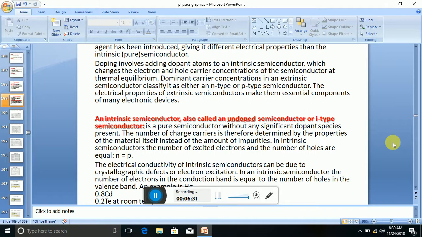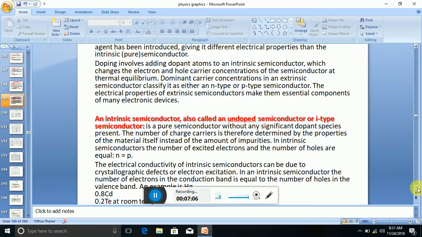In intrinsic semiconductors, the number of excited electrons and the number of holes are equal, n equals p. The electrical conductivity of intrinsic semiconductors can be due to crystallographic effects or electron excitation. In an intrinsic semiconductor, the number of electrons in the conduction band is equal to the number of holes in the valence band.